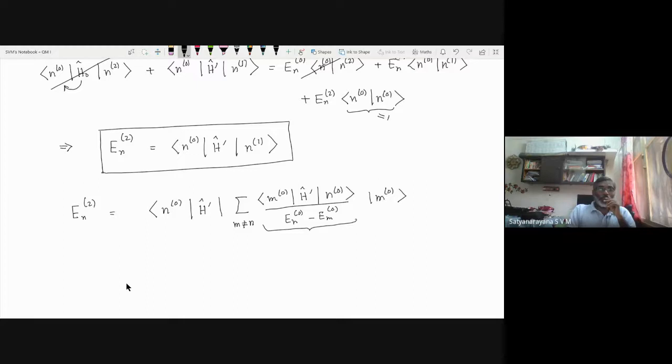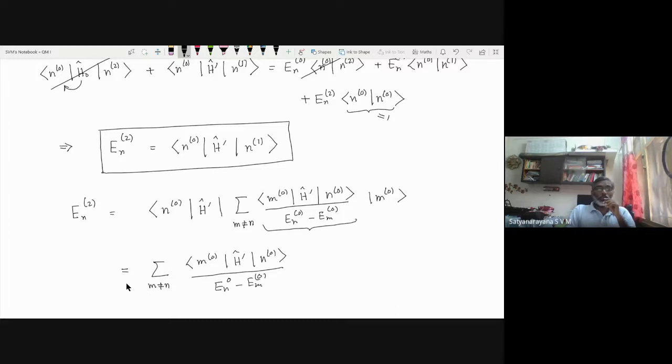So that means this H prime is a linear operator, so I can pull out the summation M not equal to N. So this constant, let me write out separately, M0 H prime N0 divided by En0 minus Em0.